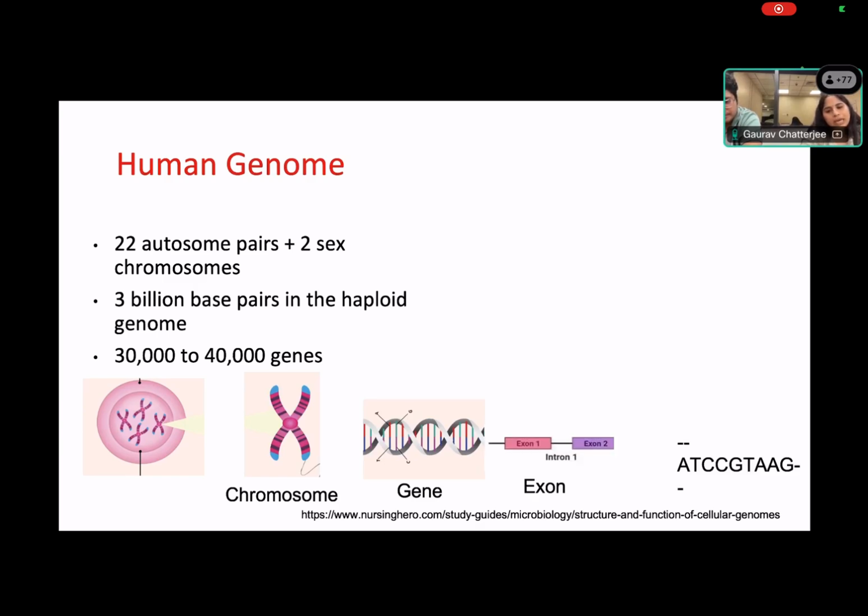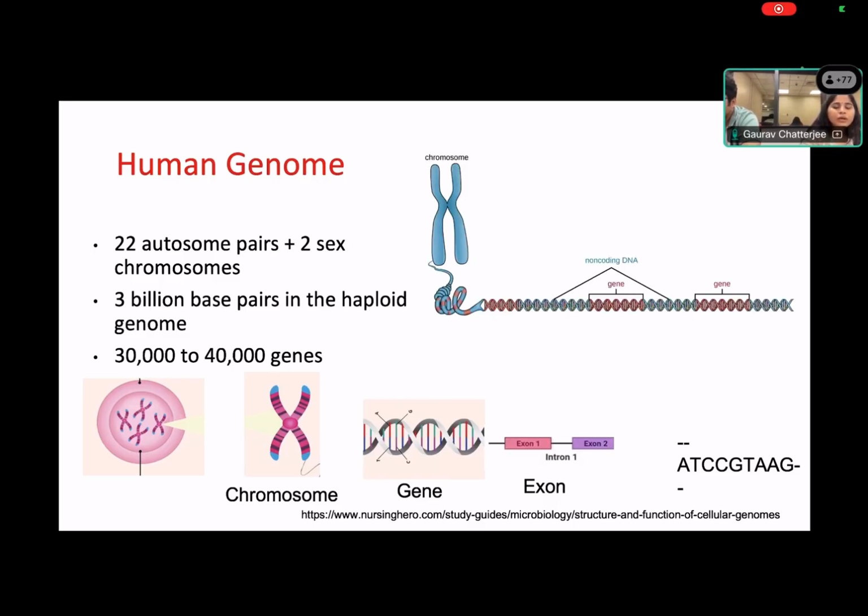In the genes we also have coding areas, that are exons, and non-coding areas in the form of introns, and this whole sequence is in the form of nucleotides, the A, T, G, C. If we look at the human genome, most of the region is non-coding, and only 1% of the whole genome is actually coding, or actually makes sense.